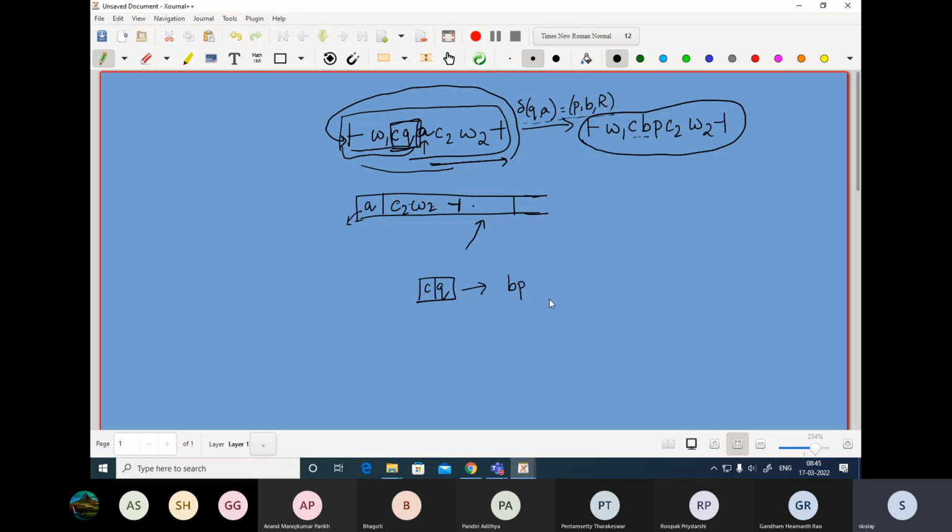I popped A out, so my first alphabet is C2, W2, right hand marker. Instead of CQ, I remember BP in my finite control. So up to here I have left. Over here I had W1, right? So I have W1 after this. Now what do I have to remember? I have till BP, I just have to push in C.